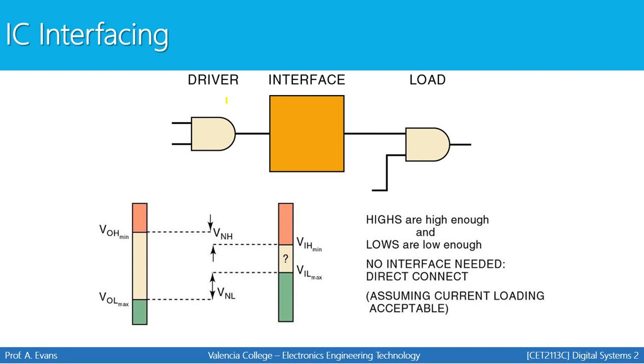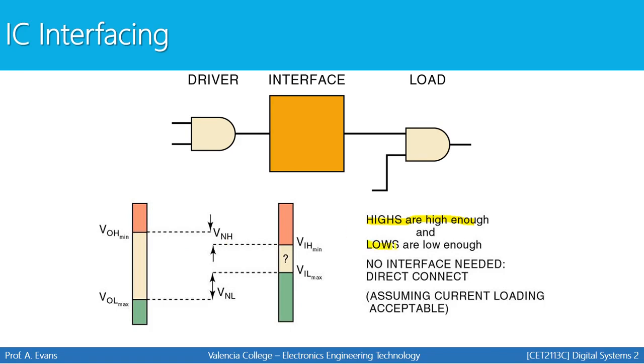So, imagine you have a driver. Imagine you have a load. An interface might be needed if the signal coming out of the driver is not going to be compatible with the signal that the load requires. So, when we consider whether we need an interface, we have to consider, are the highs high enough? Meaning, is the output voltage from our driver high enough that the load will interpret it as a high?